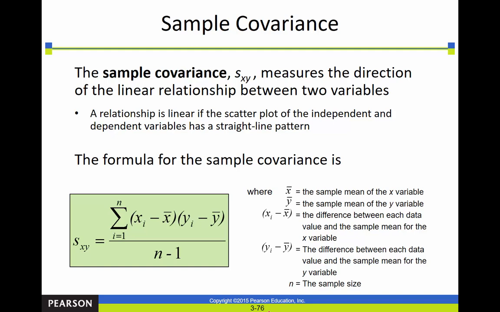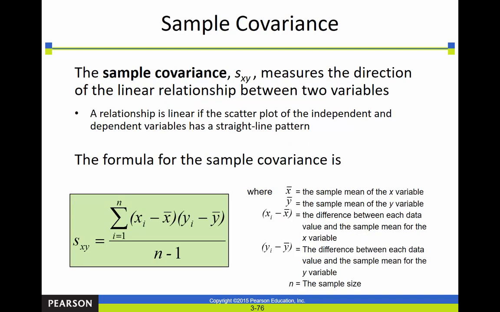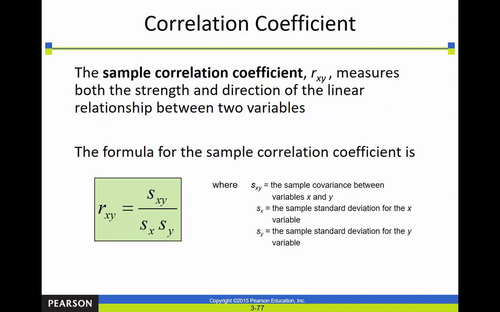And divide that by n minus 1. That's the covariance. Then we have the correlation coefficient, where we have the covariance divided by the standard deviation of x times the standard deviation of y.